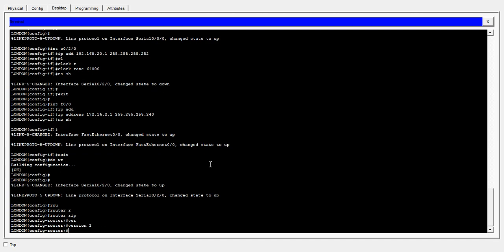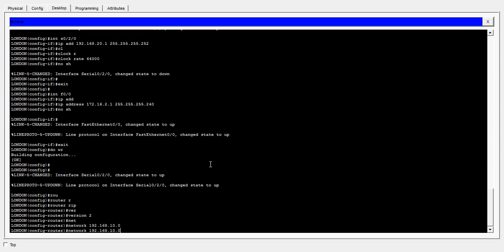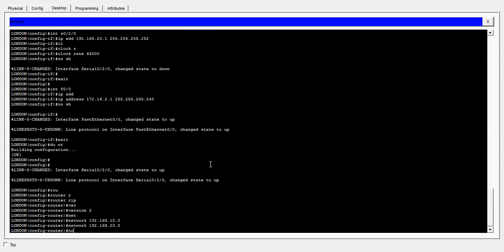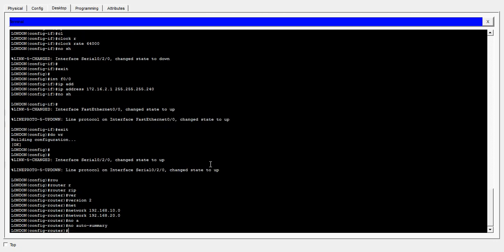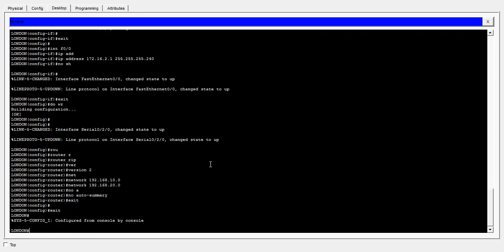In this case, we'll have network 192.168.10.0, network 192.168.20.0, no auto-summary. We exit. Okay. And save. We are done with our router.